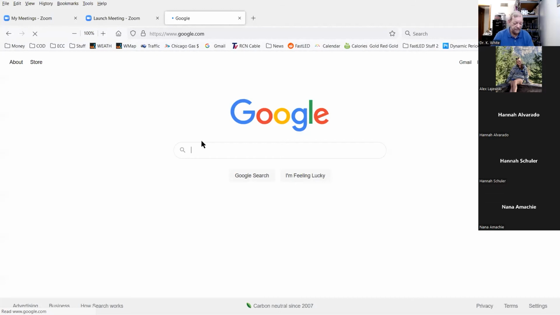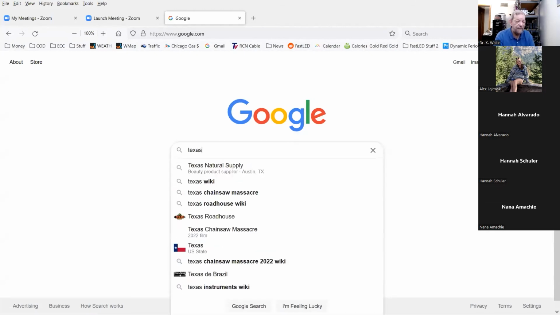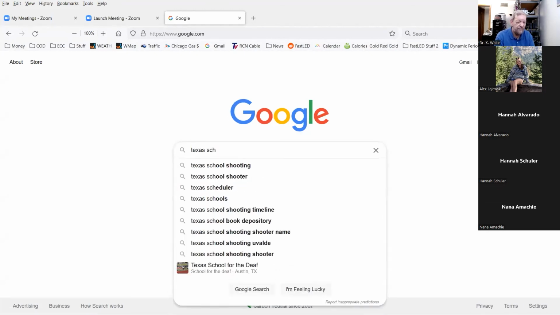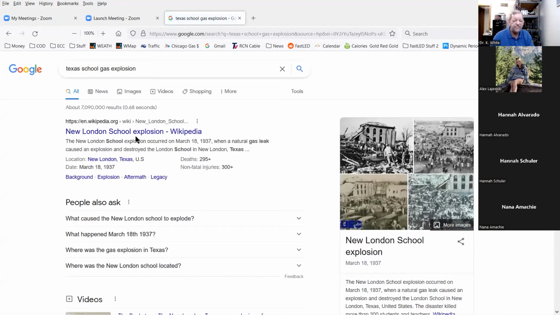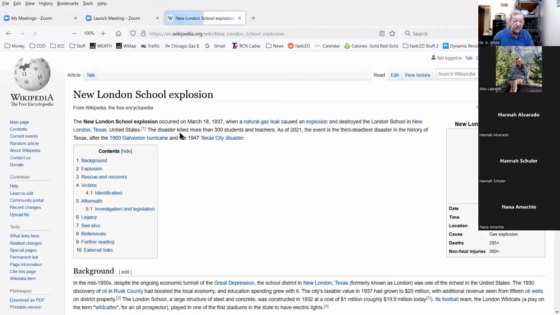You can Google it, or go on Wikipedia. Let's see something real quick. It happened in New London, and you can go and read about this, but I was wrong.